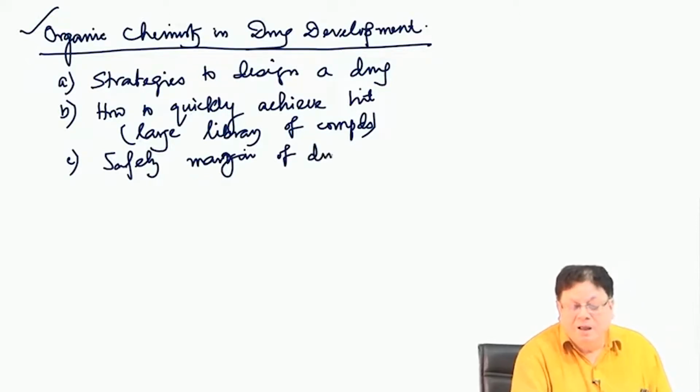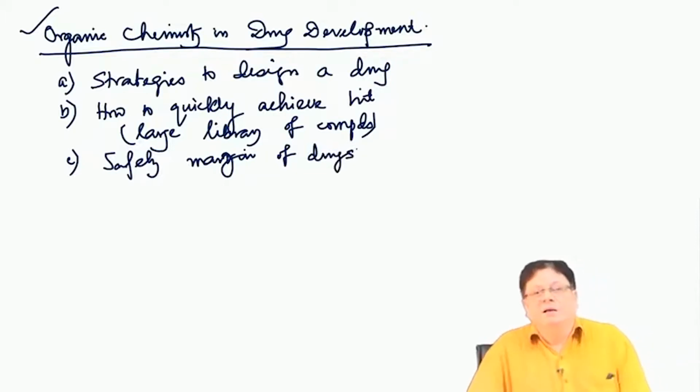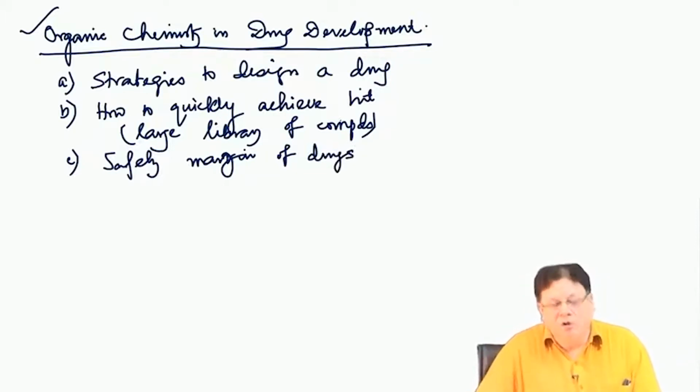That means every drug has a side effect and also is toxic after a certain amount of the dose. So, we have to be very careful about the therapeutic index of a drug, because that is the margin which is allowable to take.